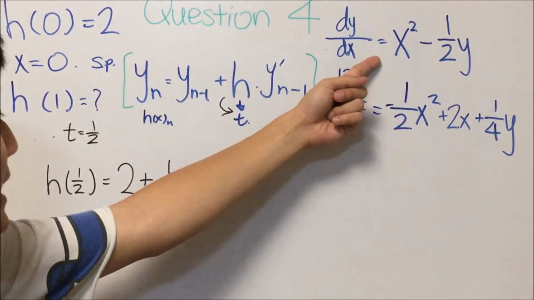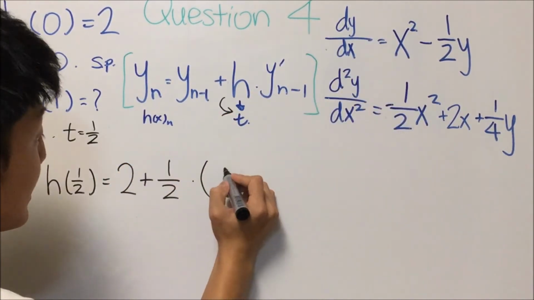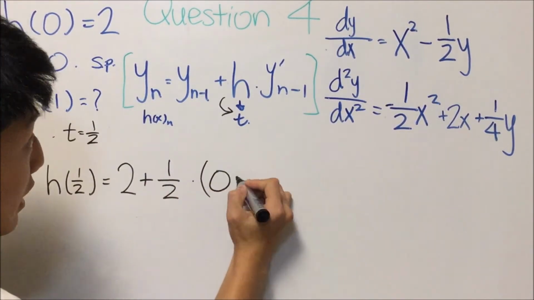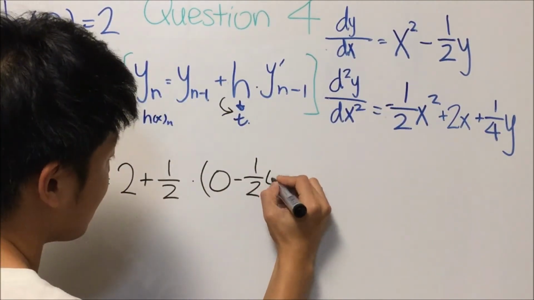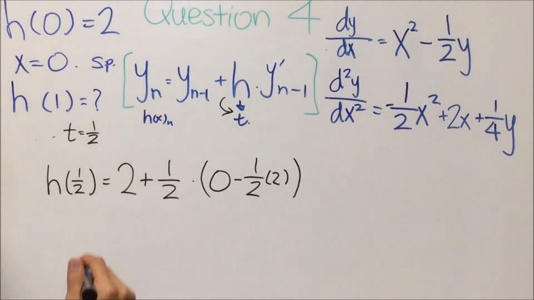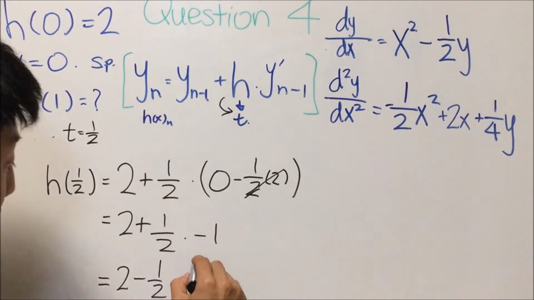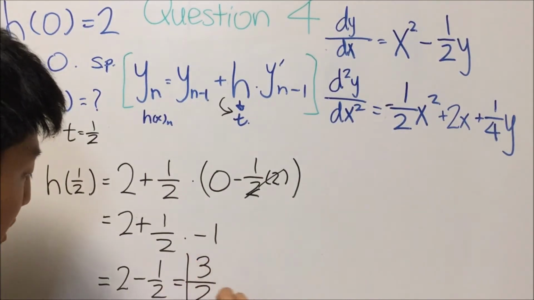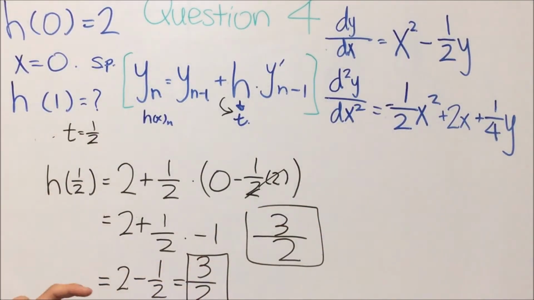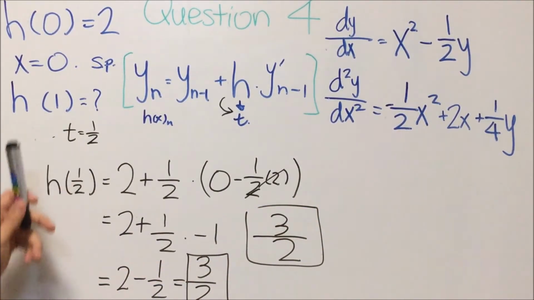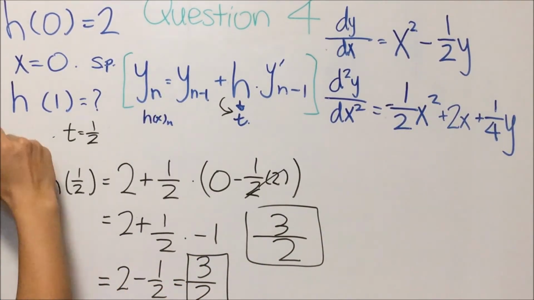When we plug 0 into here, the first derivative is 0 minus 1/2, and the y value is 2, so 2, like that, equals 3 over 2. So the first step: when the x value is 1/2, then the h value is 3 over 2.